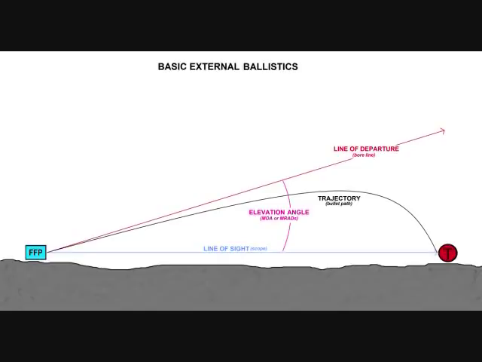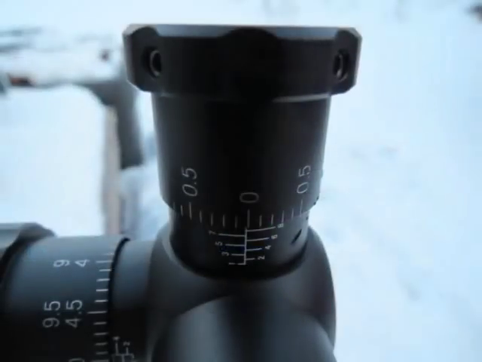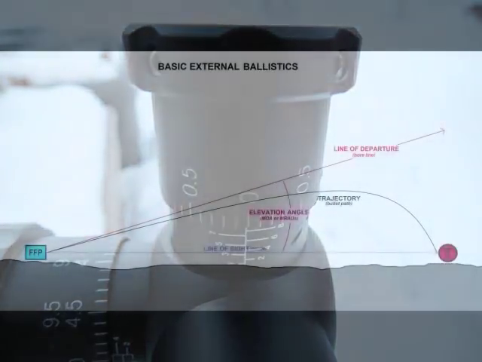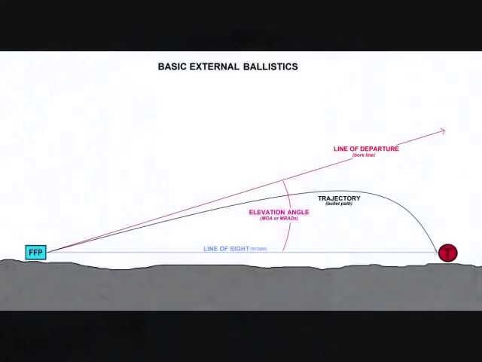Or if it's 10 mils or whatever you're going to be adjusting, that's talking about that elevation angle. It's a system of angular measurement. So that's how it's like an artillery piece. How much of an upward angle are you adjusting? That's basically all your scope is doing. It's just changing your line of sight so that you have to change your bore axis.